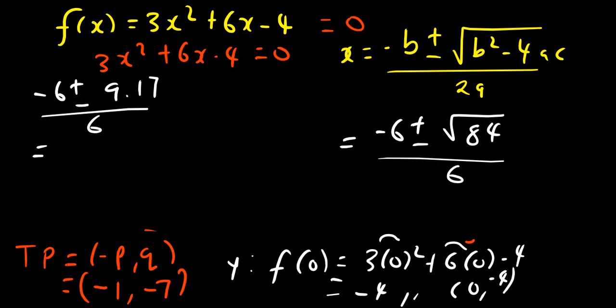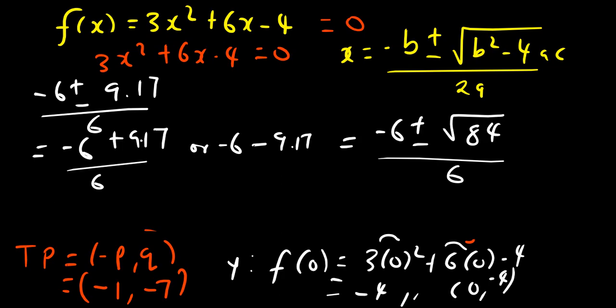The first value of x that I'll have is negative 6 plus 9.17 over 6, or negative 6 minus 9.17 over 6.